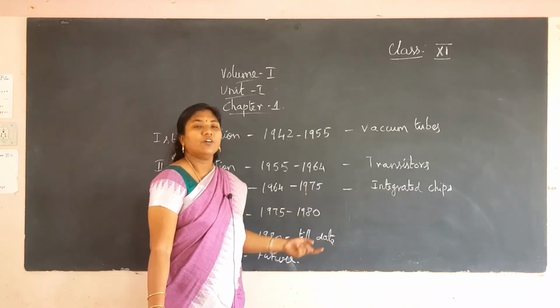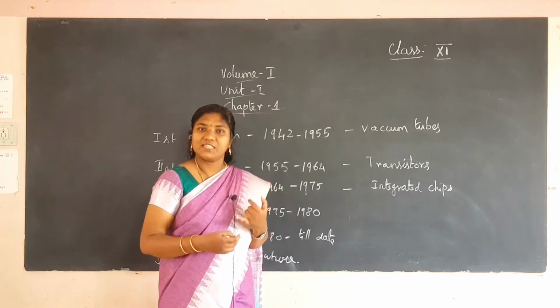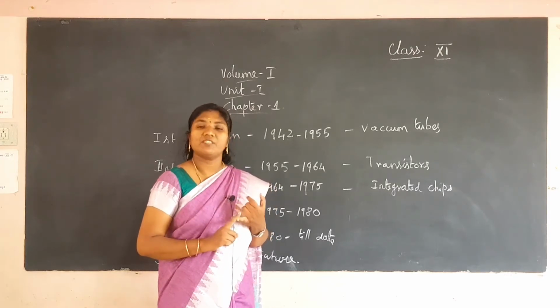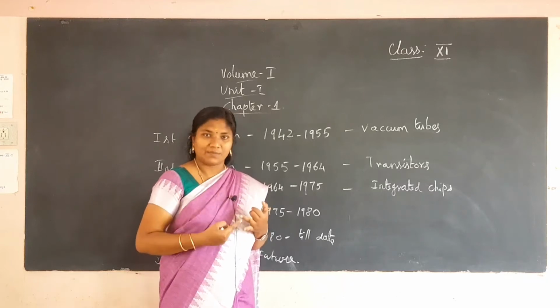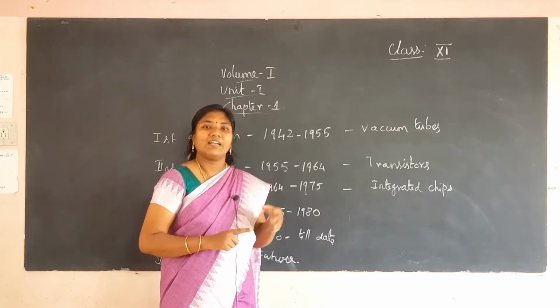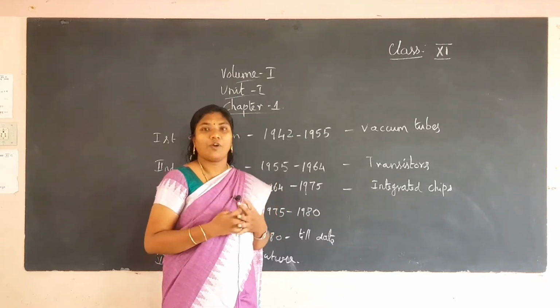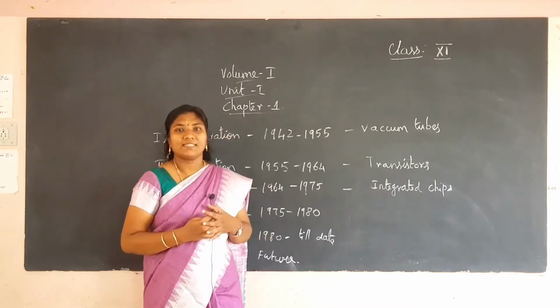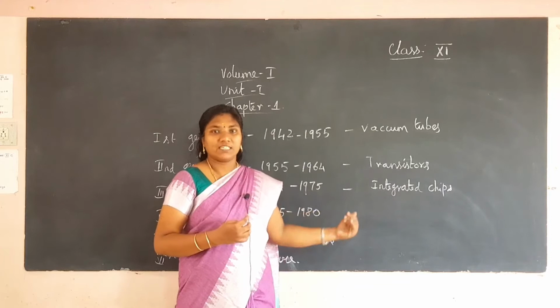So, here we used the high level language. So, in first generation we used what type of language? Machine language. In second generation we used both machine language and assembly language, and in third generation we use high level language, and in the third generation we came to know about the OS. Okay. You know operating system, you might have learned. So, the OS concept was in the third generation.